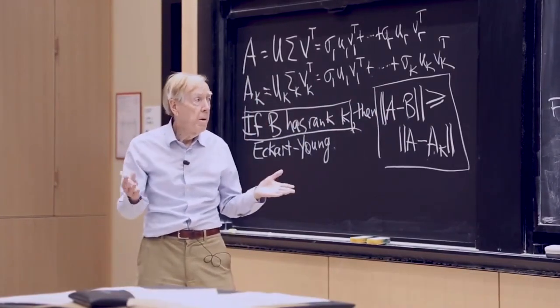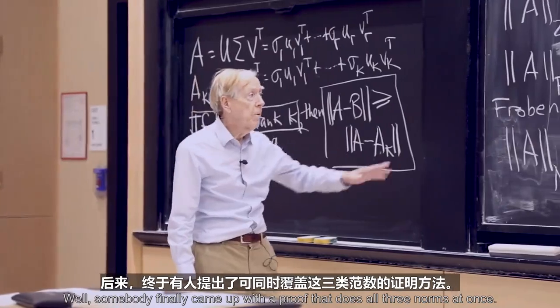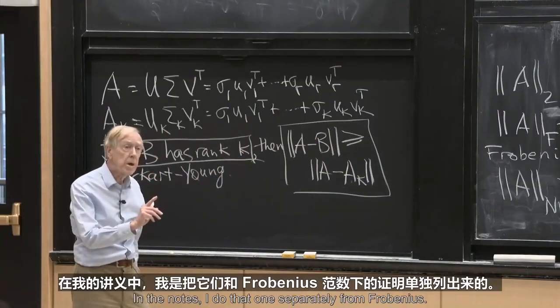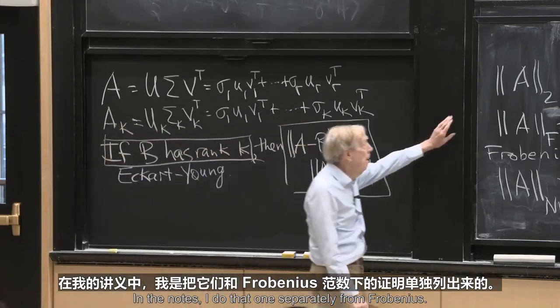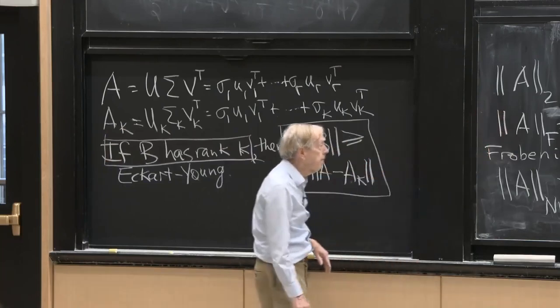So somebody finally came up with a proof that does all 3 norms at once. In the notes, I do that one separately from Frobenius.